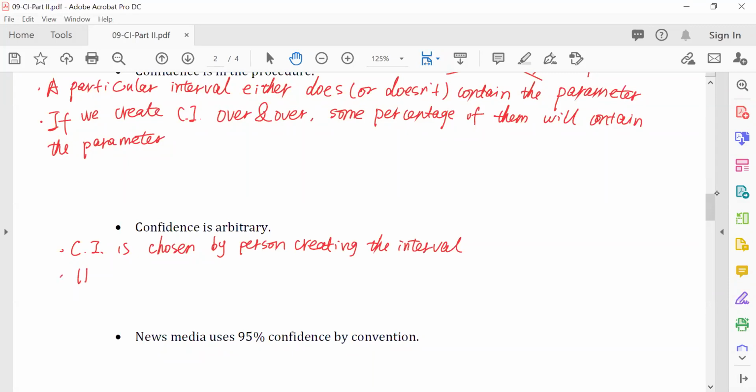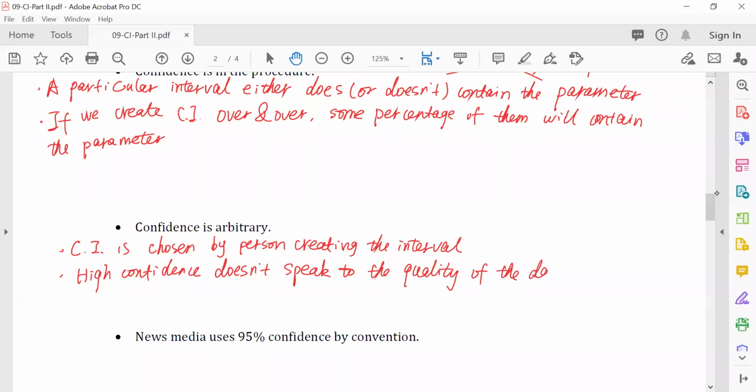High confidence doesn't speak to the quality of the data or procedure.